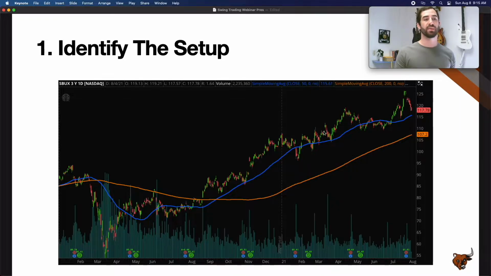So you see it, in this case it bounced, it retraced again into the 50 MA, and then we had a nice run, okay? And then it comes back into the 50 MA and it starts trading sideways a little bit. Notice it does not break down, okay? So it's under the 50 MA, yes, but it's holding the price and it's not breaking down. So it's not bearish, okay? It's just consolidating.